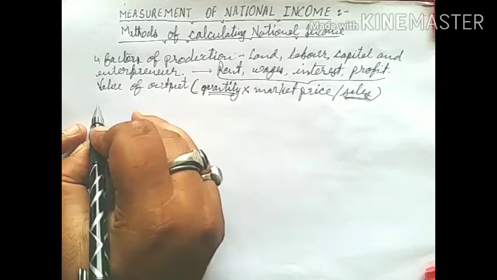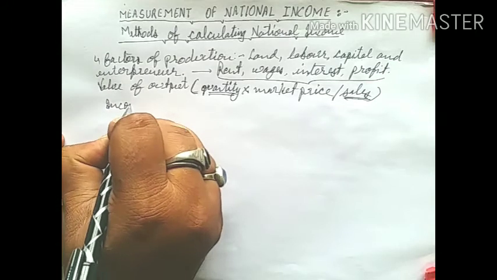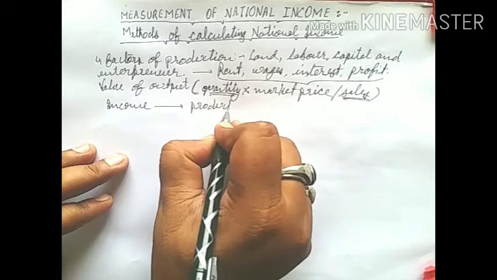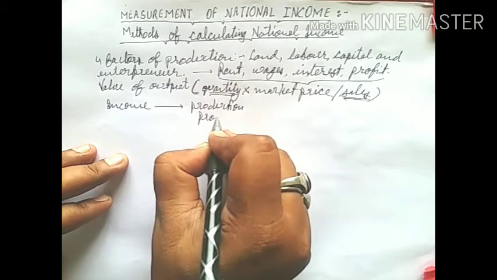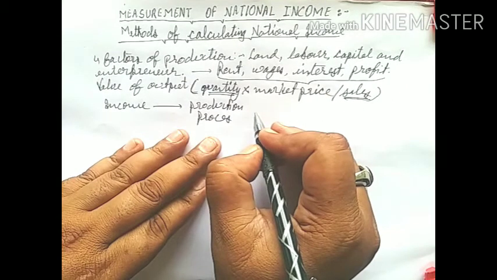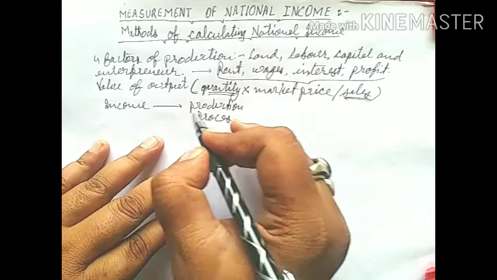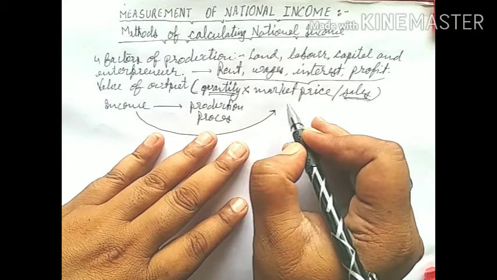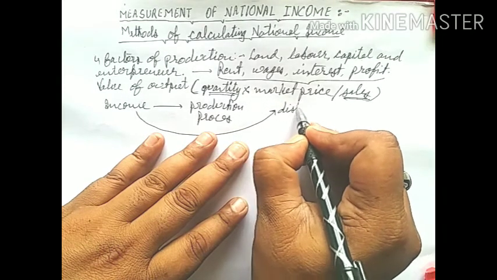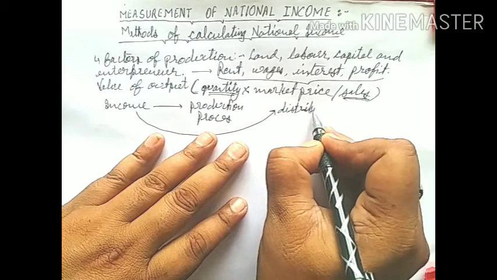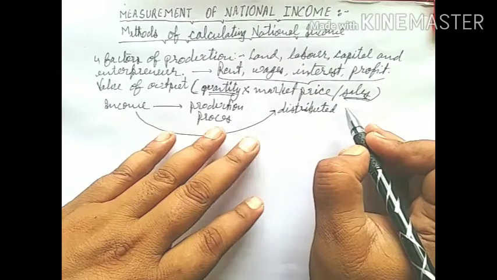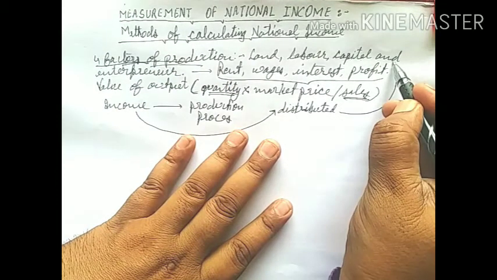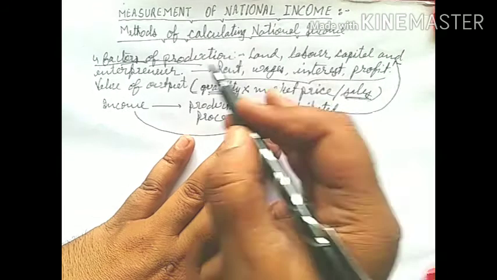And this same income is distributed among these four factors of production: land, labor, capital and entrepreneur.